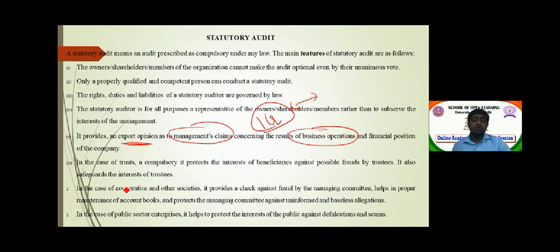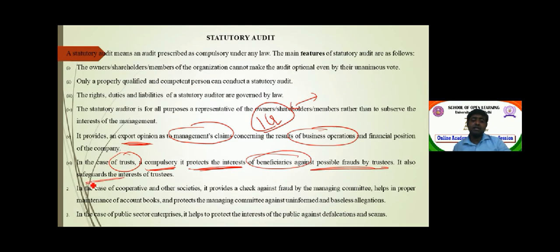All right. In the case of a trust, where it is compulsory, it protects the interest of beneficiaries against possible frauds by the trustee, because it may be quite possible that the beneficiaries lose a big amount of capital, and the trustees exploit the huge amount of money that may have been invested by people for the welfare and betterment of the beneficiaries.